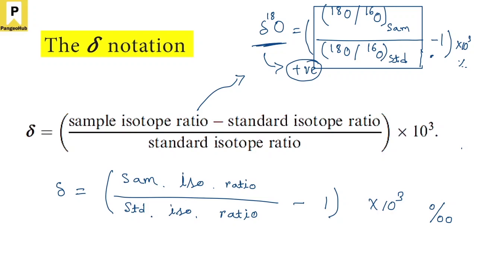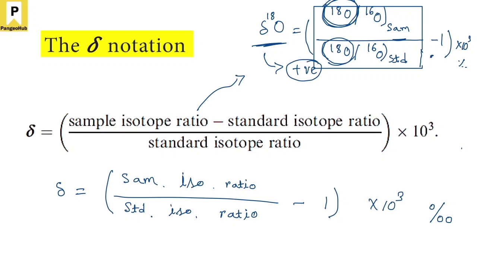This higher than 1 means the heavier isotope is richer in the sample than the standard, right? The presence of this 18O is higher in the sample than in the standard. So mark this formula. This is a very important formula. This generally comes in your exam.